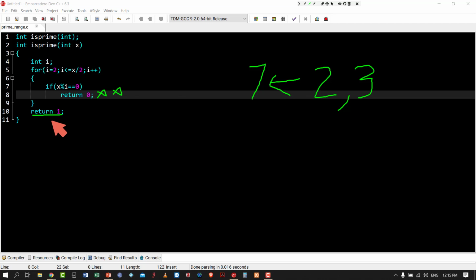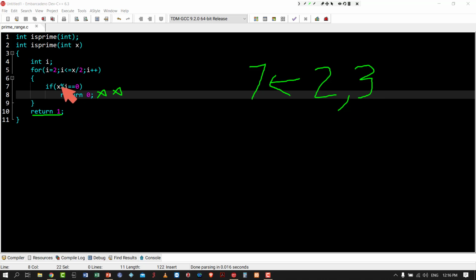Now it's clear. So whatever the number, when we divide that number by 2, if at some point the remainder becomes 0, it means it is not prime. At that time return 0 will happen. Once this statement is executed, the remaining part will never execute because the control is given back to the caller part.